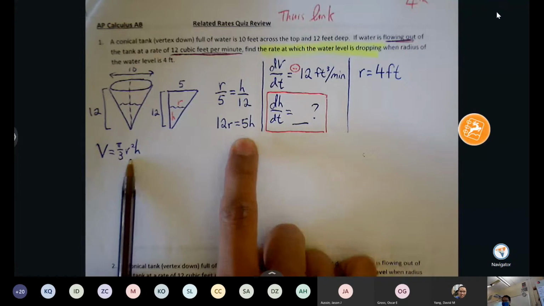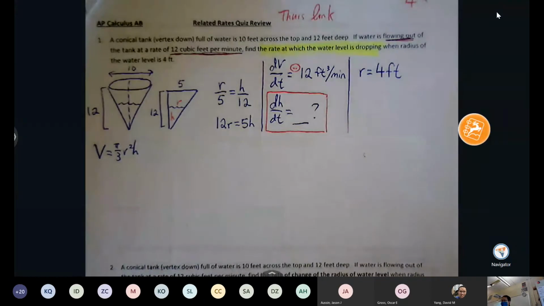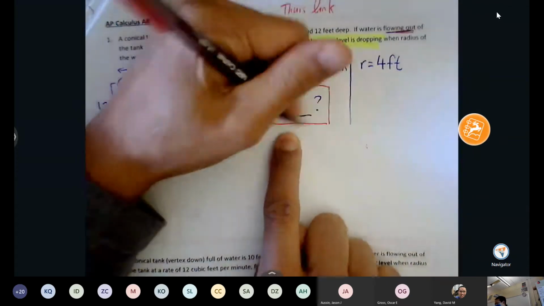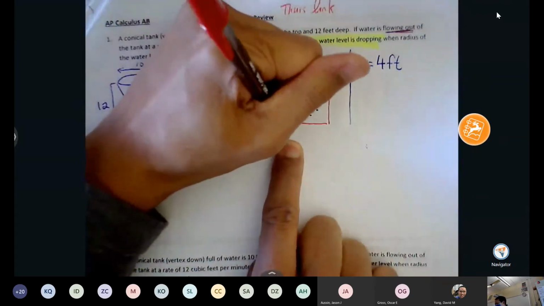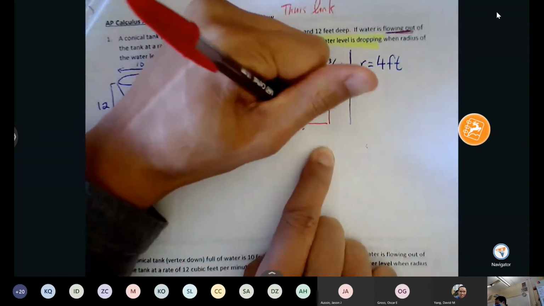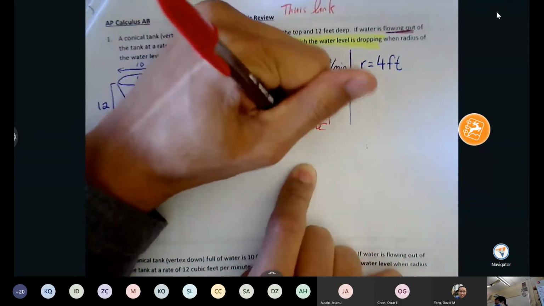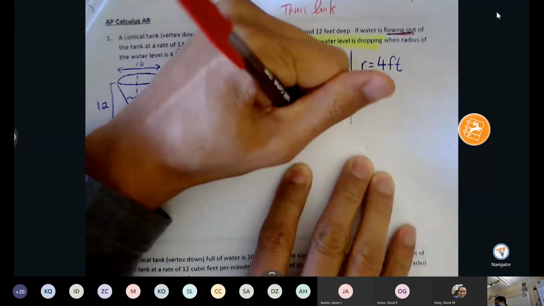H. Yeah. H will just naturally produce dH dt for us. If we do R, it'll produce dR dt, which we can still use to get dH dt, but it's an additional step. So this dH dt is going to help guide our next step. We want our volume formula as H.